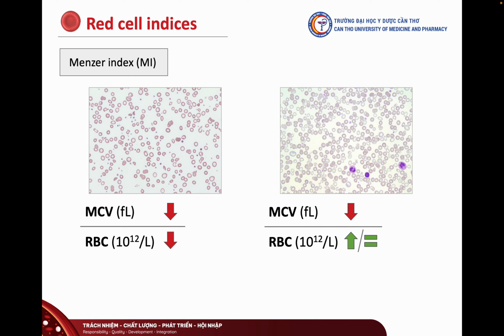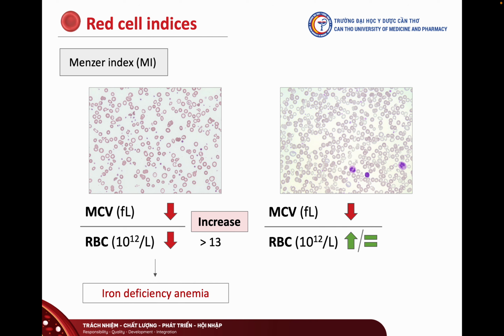So now let's calculate. In the left smear, with the low values of both MCV and RBC, our Mentzer index would be increased. When it's more than 13, it reflects that our blood smear is consistent with iron deficiency anemia.